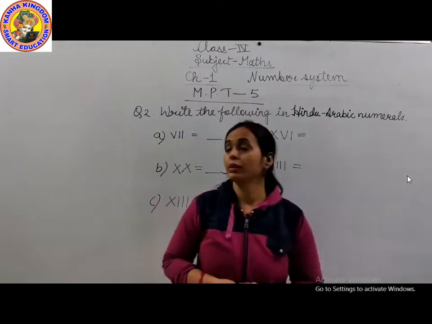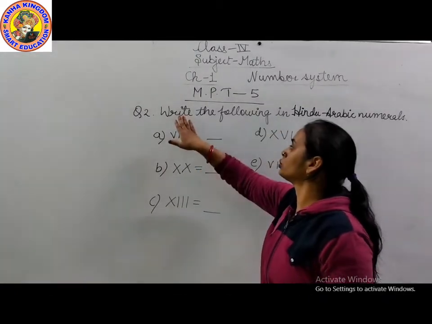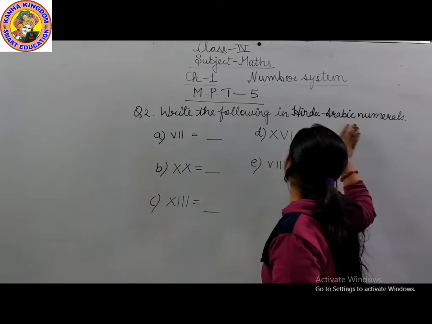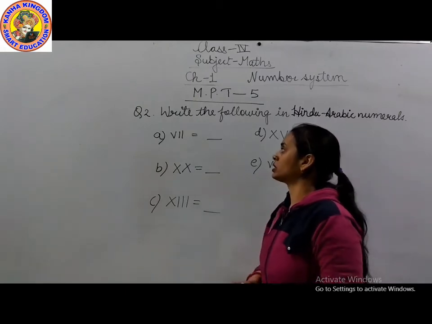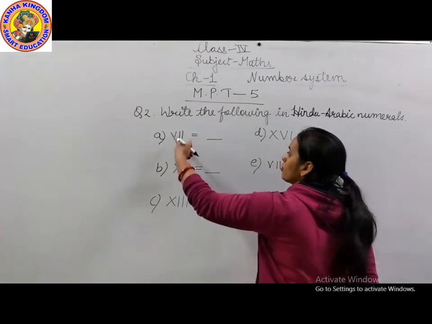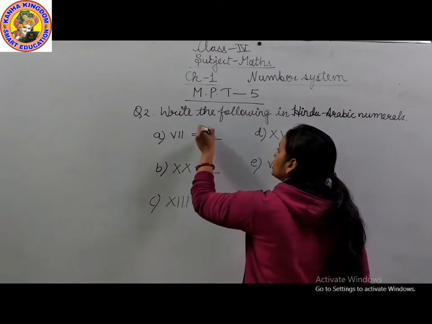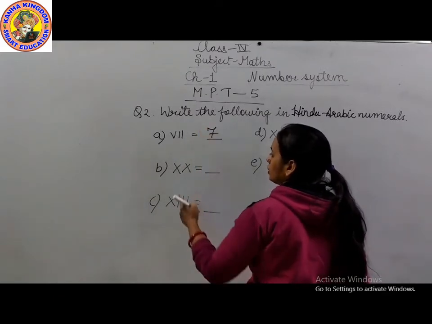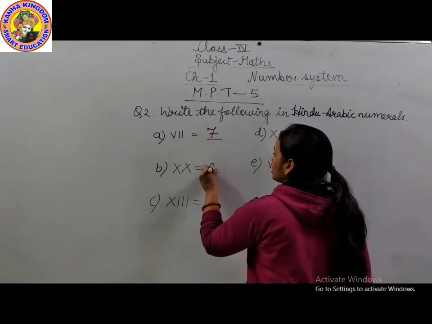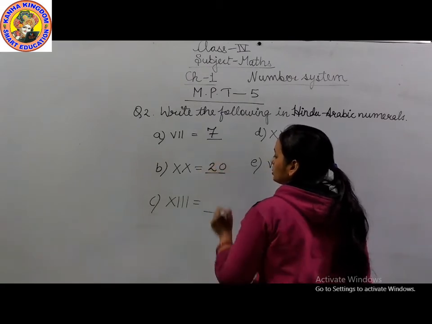Now in empty 5, question number 2 is write the following in Hindu Arabic numerals. VII, 7. Double X means 20.